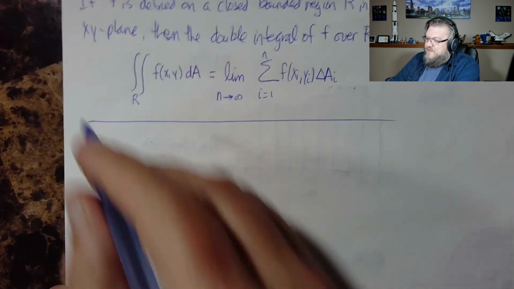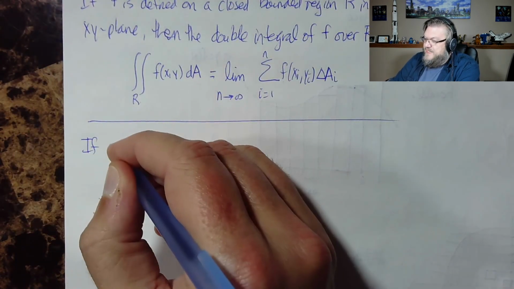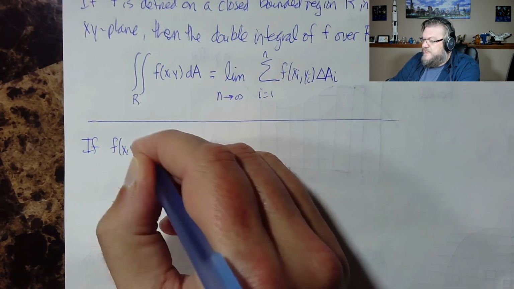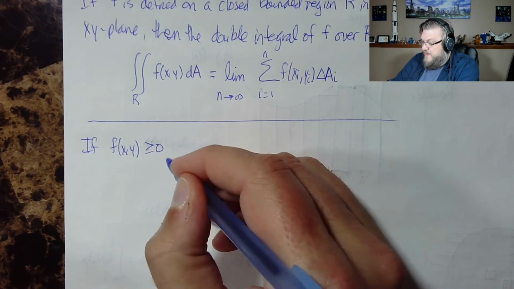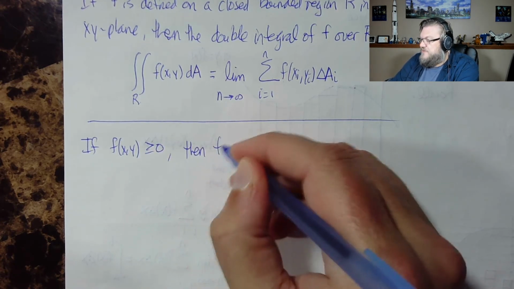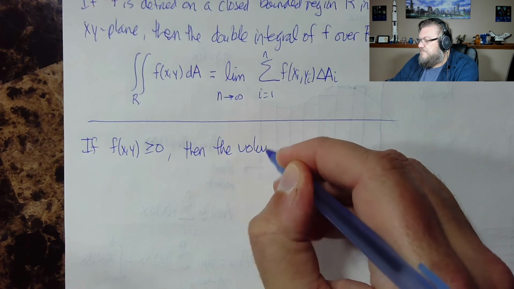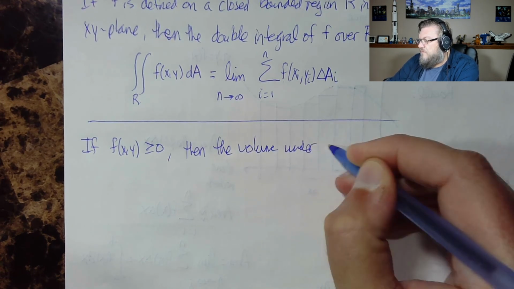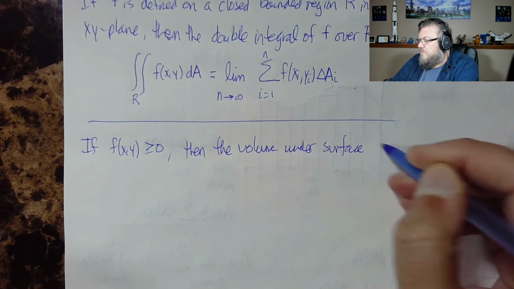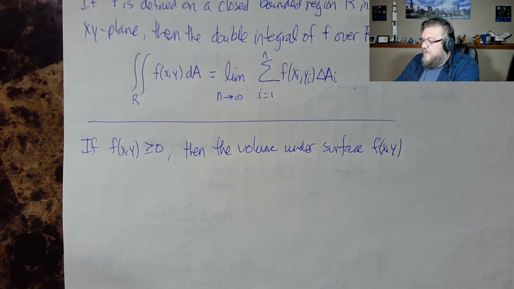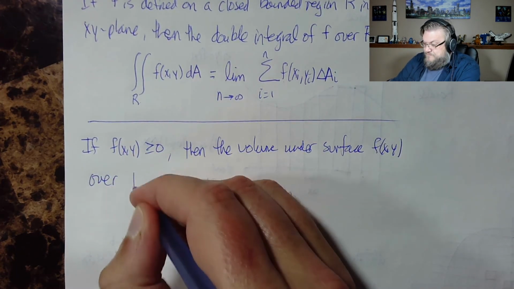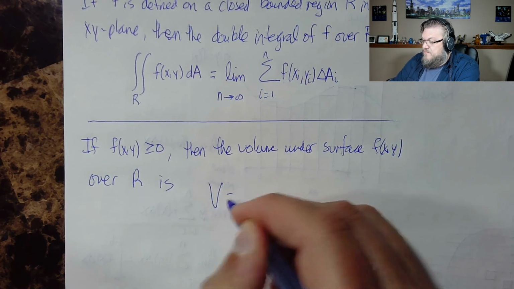So conceptually, that's what we're talking about, right? And we can say the following statement, just like in Calc 1. If the function is greater than or equal to 0, then the volume under the surface over R is the double integral.